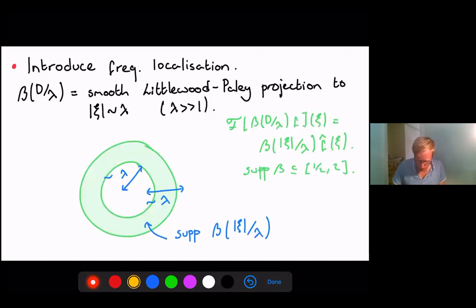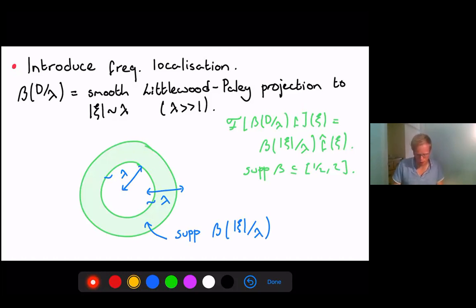What these do is, on the Fourier side, they cut off the frequencies to some annulus at distance λ from the origin of width λ. The support of this function β(ξ/λ) is in this green annulus, and these operators are the Fourier multipliers associated to these functions.